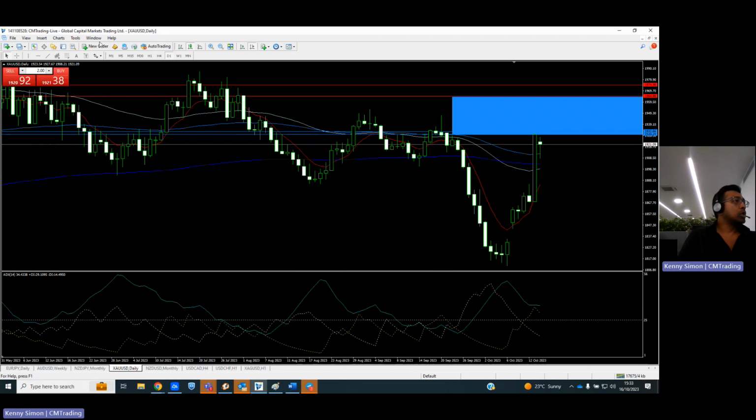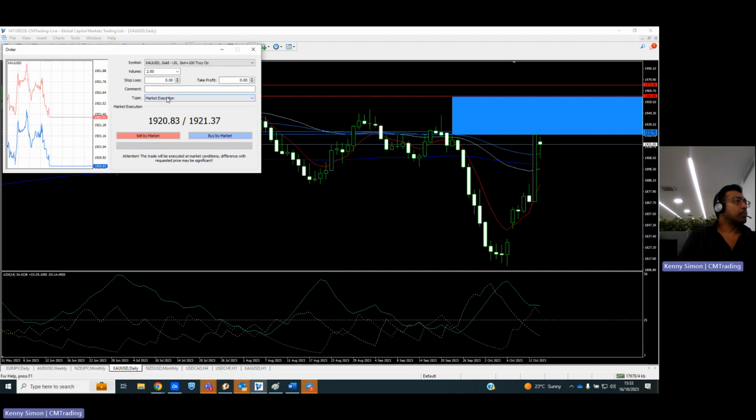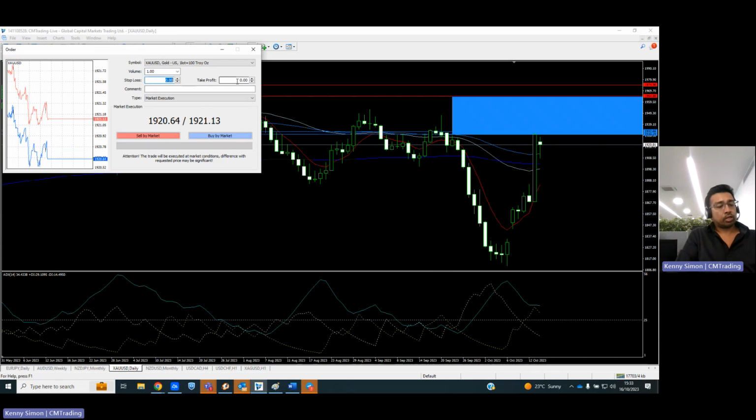So all you need to do is go on to new order right here, change the type of order. Of course, you want to make sure that you've got the right trade size or lot size, and then you want to insert your stop loss area based on your risk appetite, and then your take profit right here could be anywhere at 1960 or below or slightly above, but I would give you a hint that it's probably better under 1965.